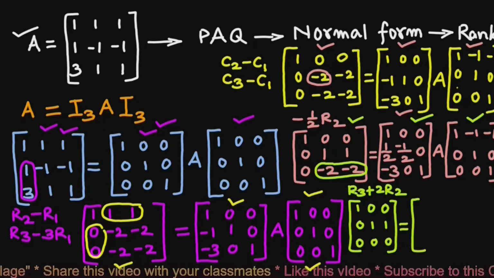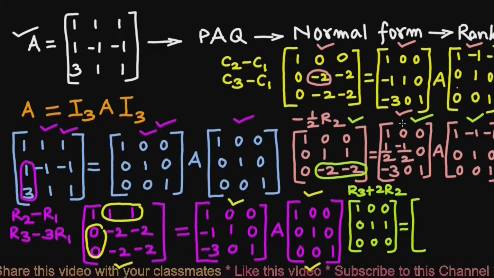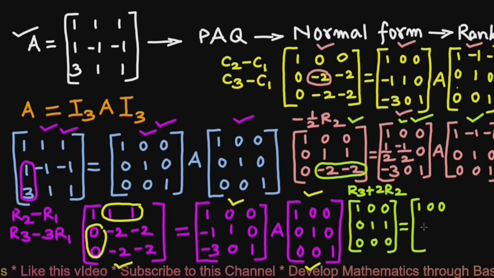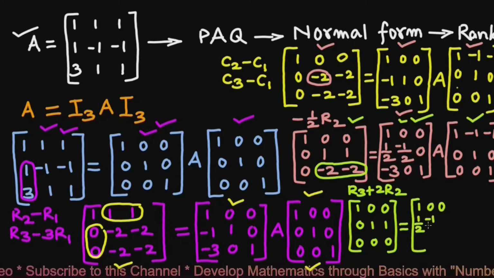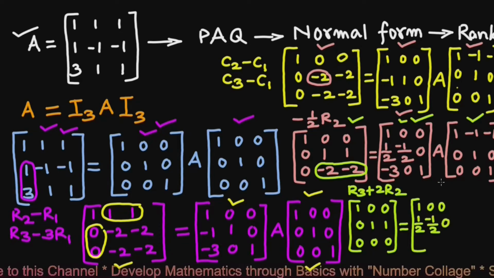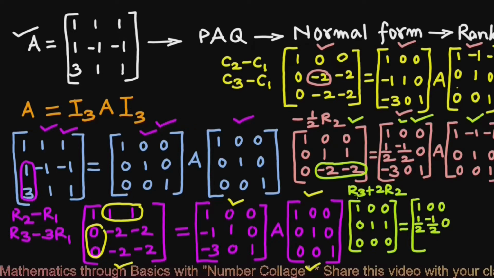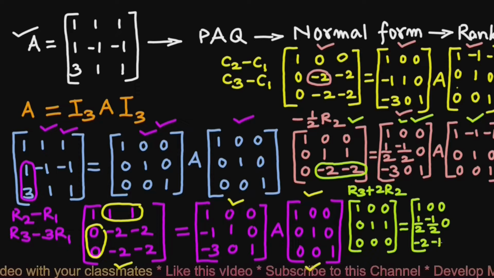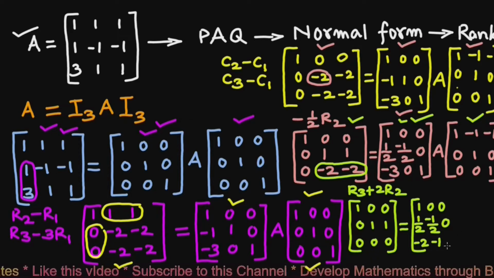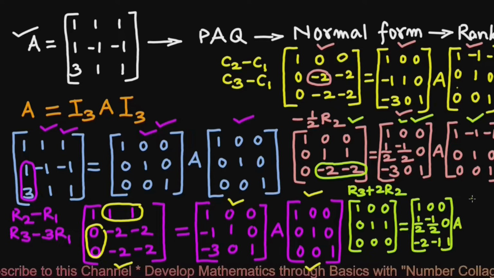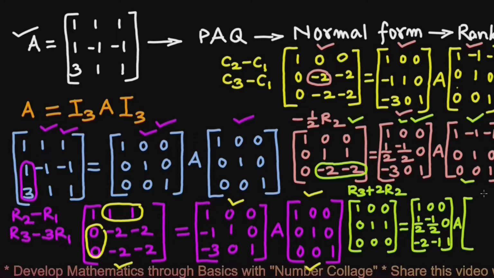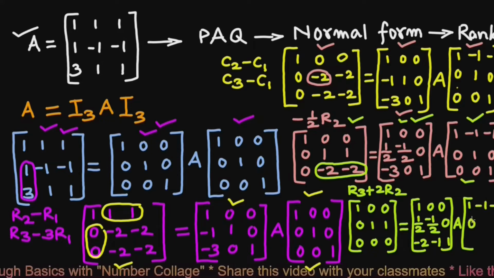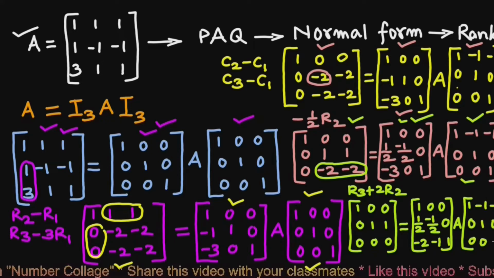We will perform R3 + 2R2 on this prefactor. So the first row 1, 0, 0 and the second row 1/2, -1/2, 0 will remain the same. In the third row it will be -3+1=-2, 0-1=-1 and 1+0=1. Then we write A and this postfactor as it is: [1 -1 -1; 0 1 0; 0 0 1].